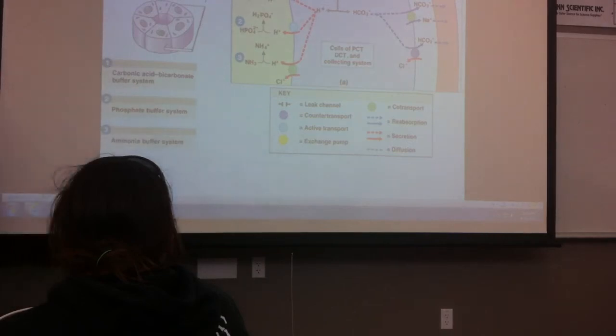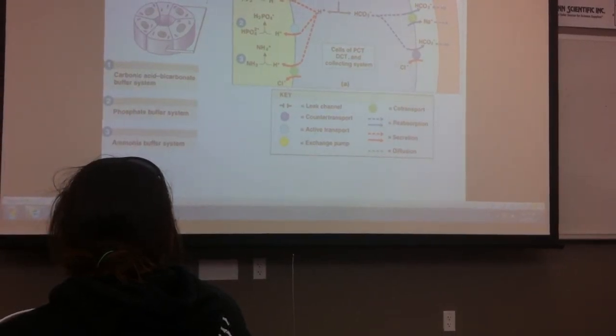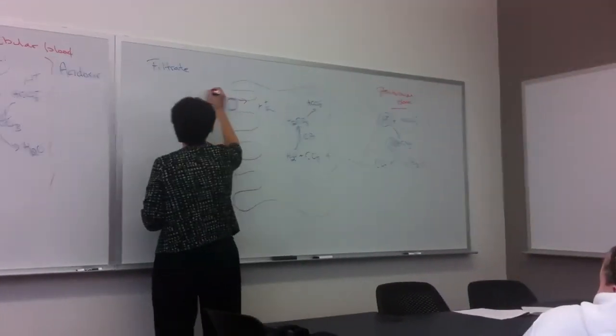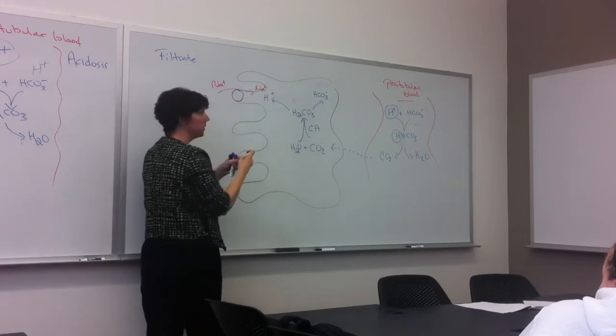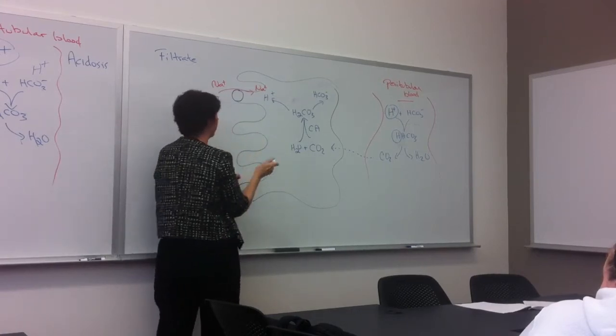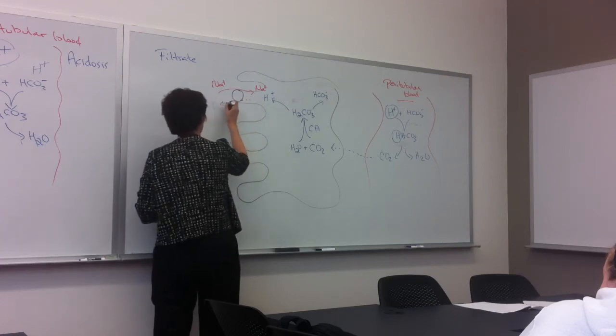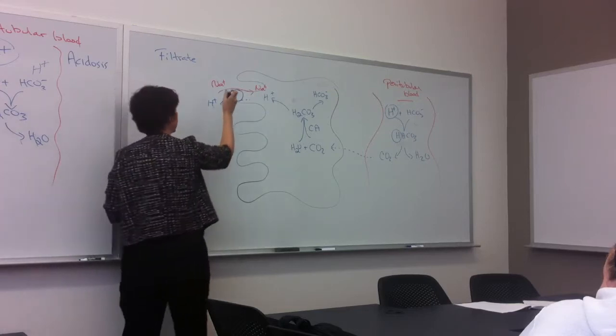So that's where we get the energy for sodium to move this antiport pump. Sodium goes into the cell, and hydrogen ions are moved up their gradient out of the cell. Okay, so that's one mechanism.